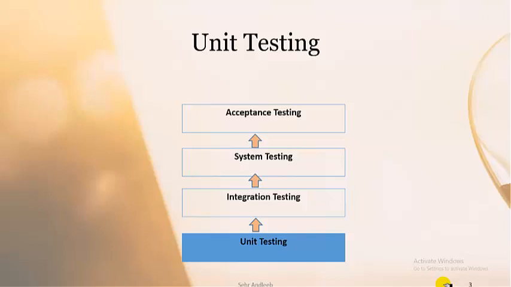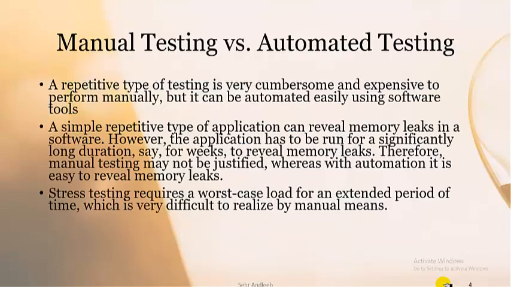But if unit testing has certain faults and defects, then when you integrate those faulty units, you cannot get a good result afterwards, right? So basically unit testing is your basic test. In unit testing, we perform different sorts of testing, that is manual testing versus automated testing. We perform both of them, but in certain specific scenarios. So what are those? We will be learning in this lecture.